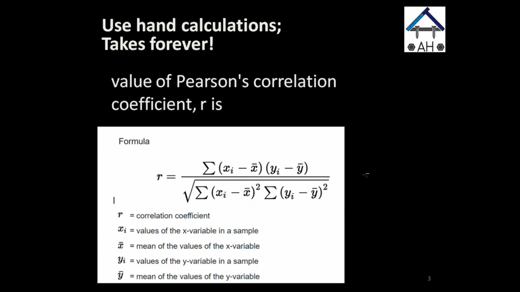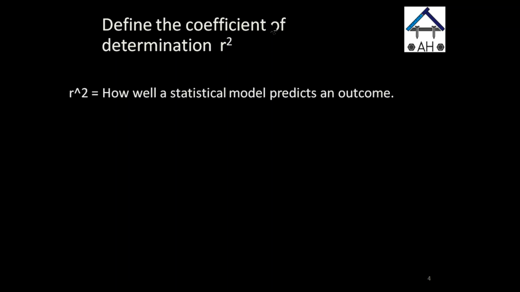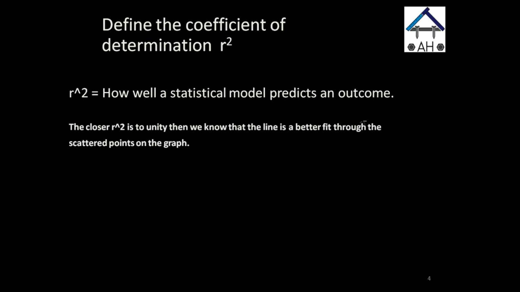Ultimately what we need to find is something called the coefficient of determination. So R squared is a coefficient of determination. R squared basically is how well a statistical model predicts the outcome. So why is R squared important? Because it shows us the correlation between 2 points on a graph, whether it could be positive correlation or it could be a negative correlation, and sometimes there is no correlation at all.